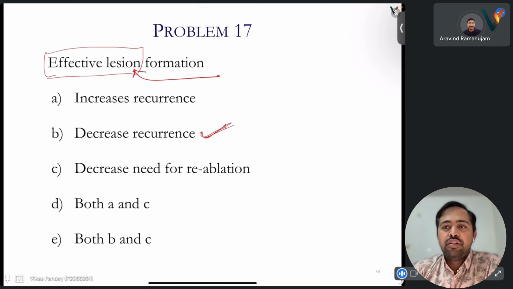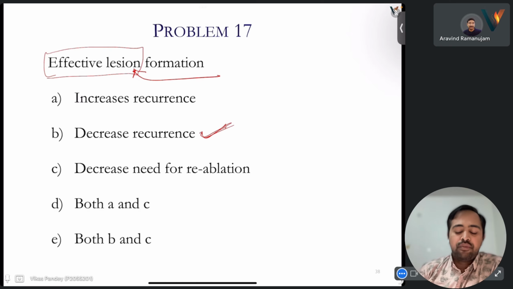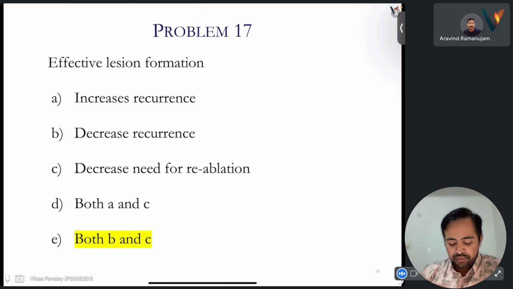If it is not perfectly formed, we will need to re-ablate, going for ablation again and again. So if it is formed effectively, it will decrease, though not completely. As I said, no process is yet 100% effective, but yes, we can decrease. It will decrease the need for re-ablation. So both B and C.